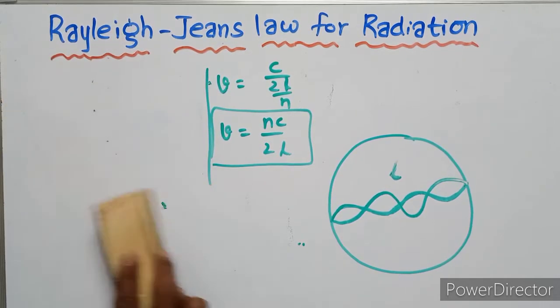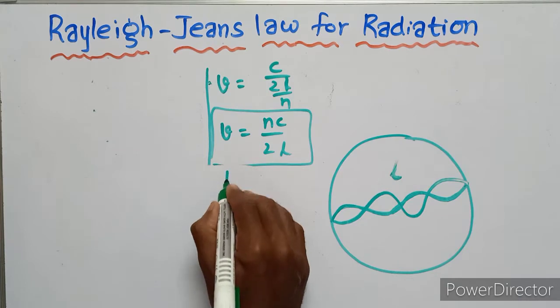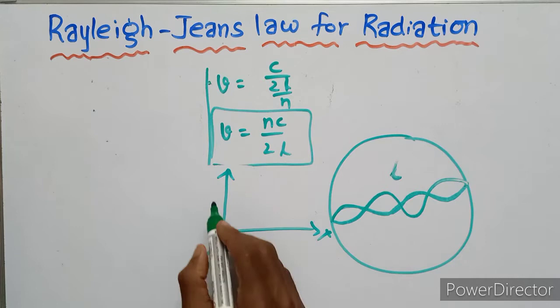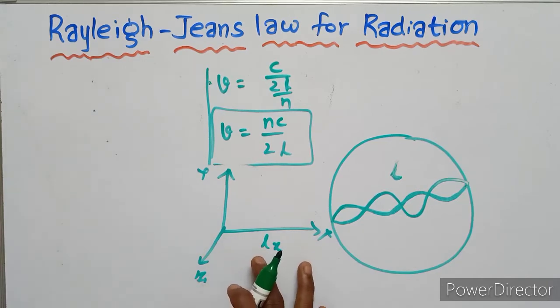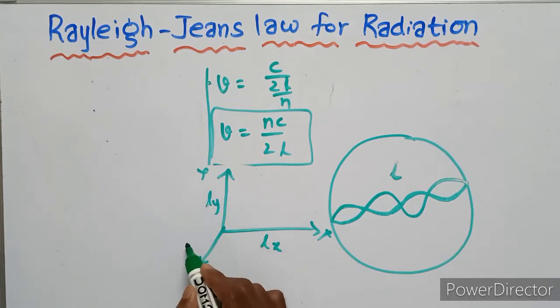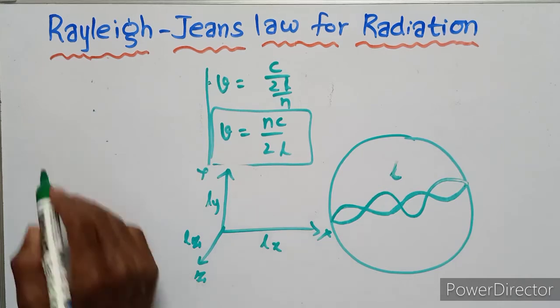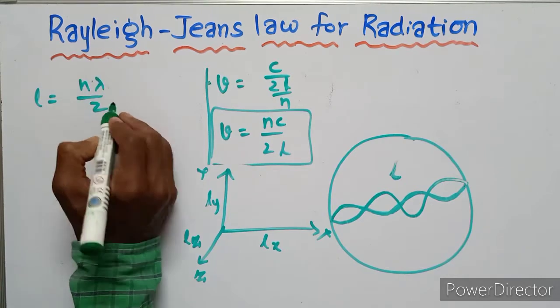Let us observe this diagram in the XYZ direction. This is the x-axis, this is the y-axis, and this is the z-axis. This is the length along the x-axis, this is the length along the y-axis, and this is the length along the z-axis. The general equation is L equals n lambda upon 2.